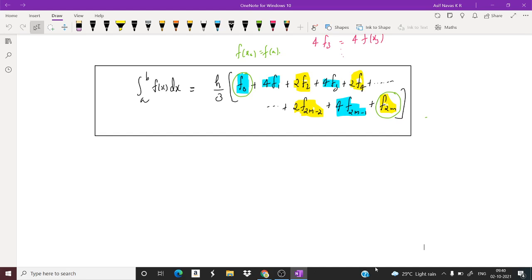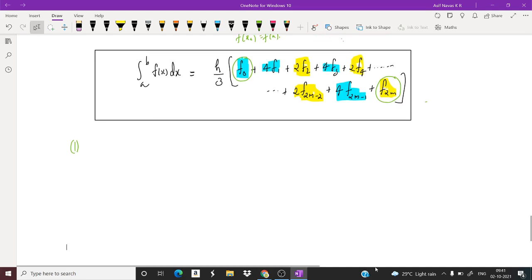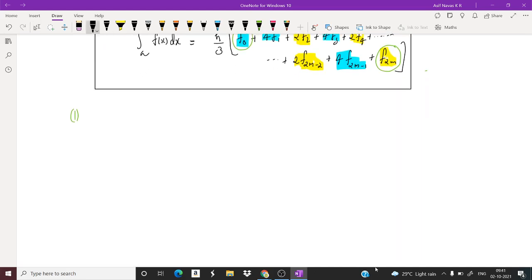So Simpson's rule. Write down a problem. Evaluate the integral from 0 to 0.4 of x into e raised to minus x square dx.